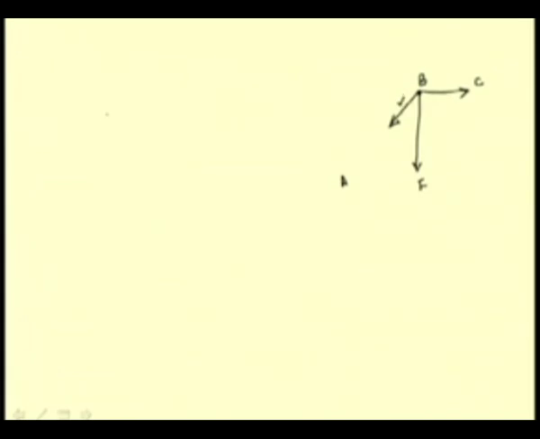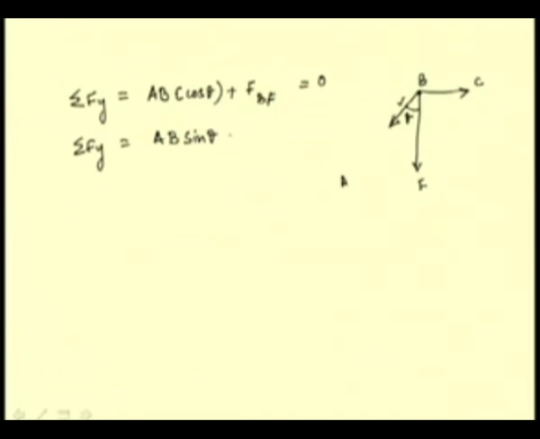So, now if we write the force summation equations, if this angle is theta, then sigma Fx gives AB cos theta plus the force in the member BF should be 0, and sigma Fy gives AB sin theta plus force in the member BC equal to 0. This results in determining the force in the member BF.